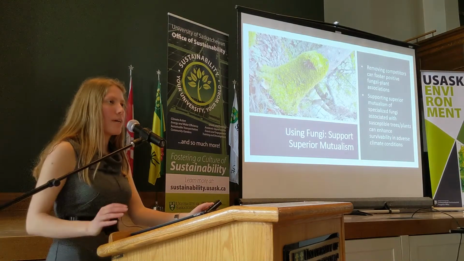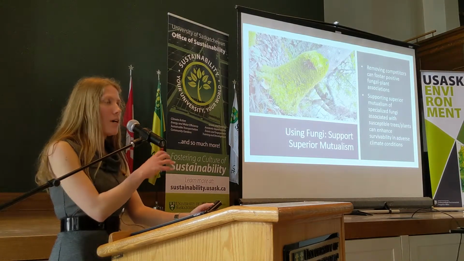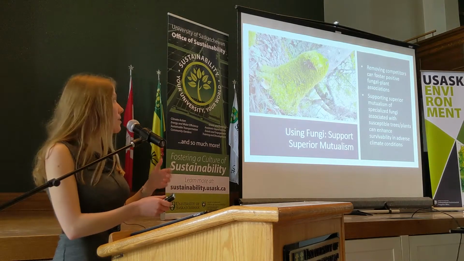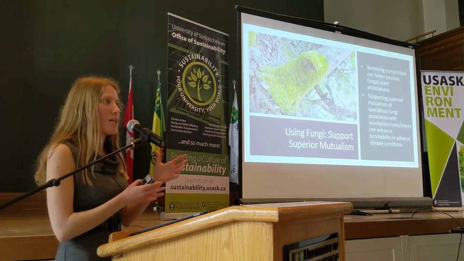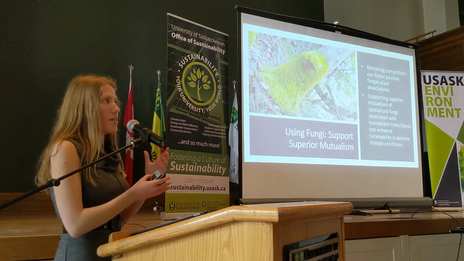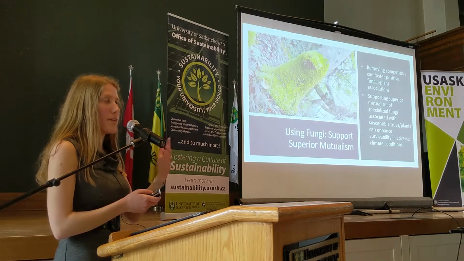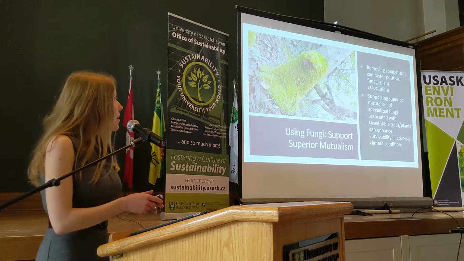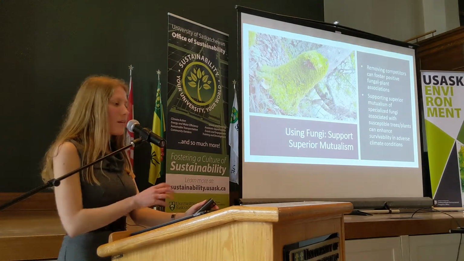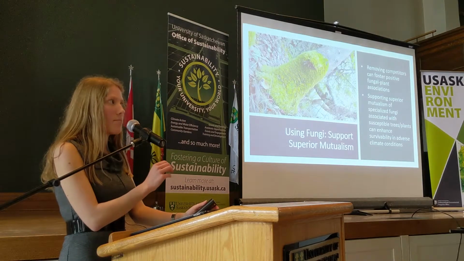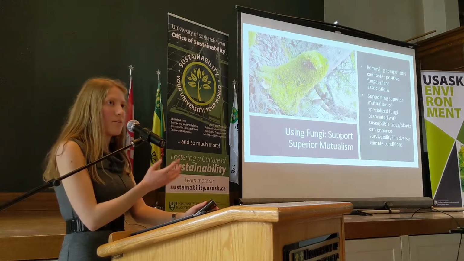So there's different ways that researchers have looked into fungi to see if they can be used to combat climate change or work to sort of ameliorate some of the effects. So there's one study where they found that by supporting this mutualism, they could allow trees to better survive a drought.